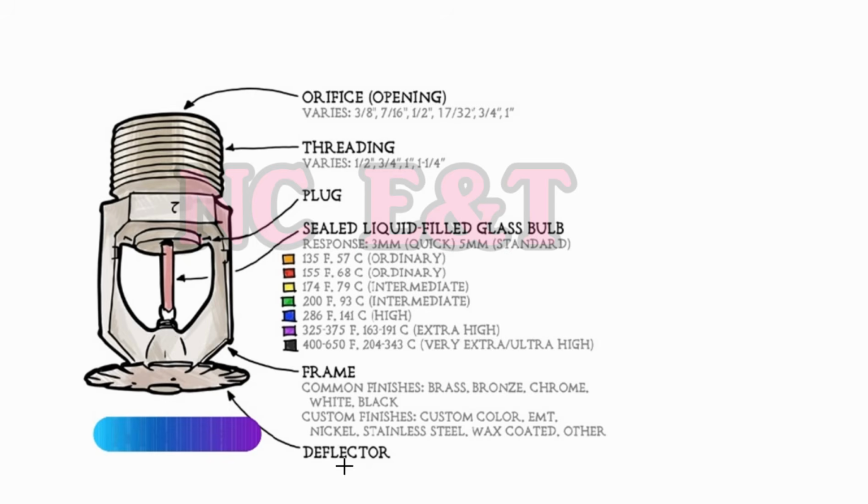It is the frame and it is the deflector. In ordinary hazard, commonly we use this liquid of red color. The temperature for it is 68 degrees Celsius, or 155 degrees Fahrenheit, and our study will be for it today.